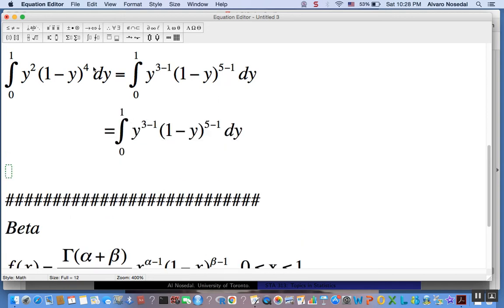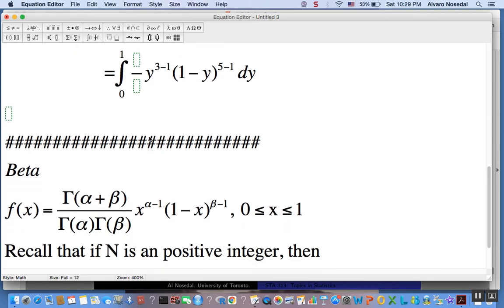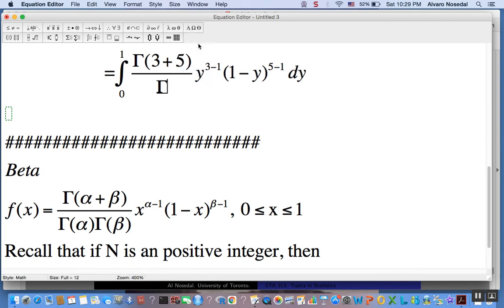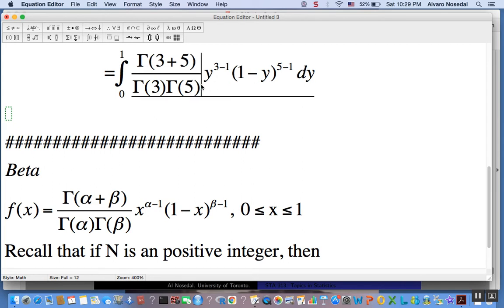Note that in this particular case alpha would be 3 and beta would be 5, right? So it would be the gamma function evaluated at 3 plus 5, over gamma evaluated at 3 times gamma evaluated at 5, right? And remember, these are just numbers, just constants.